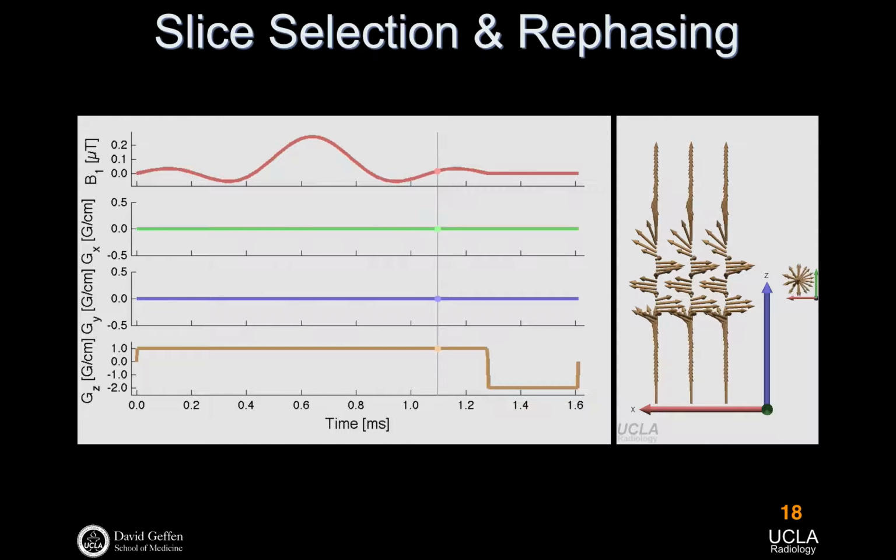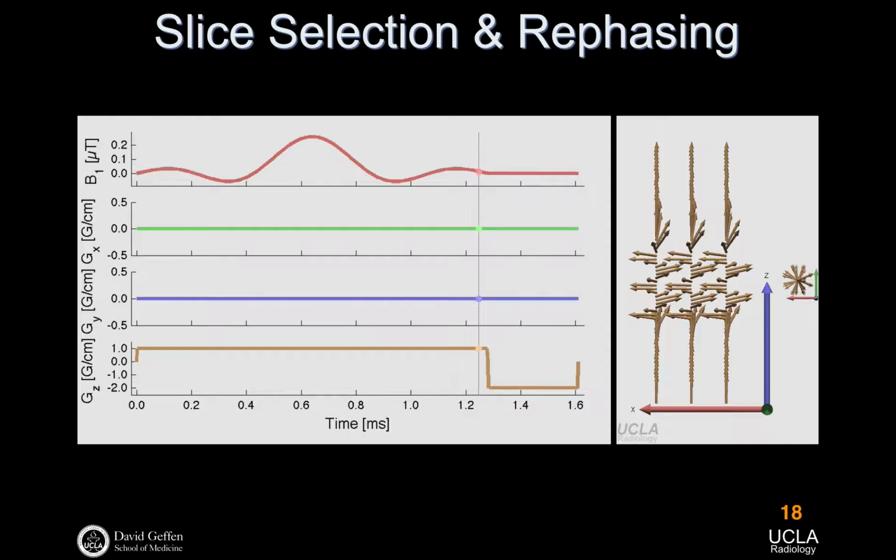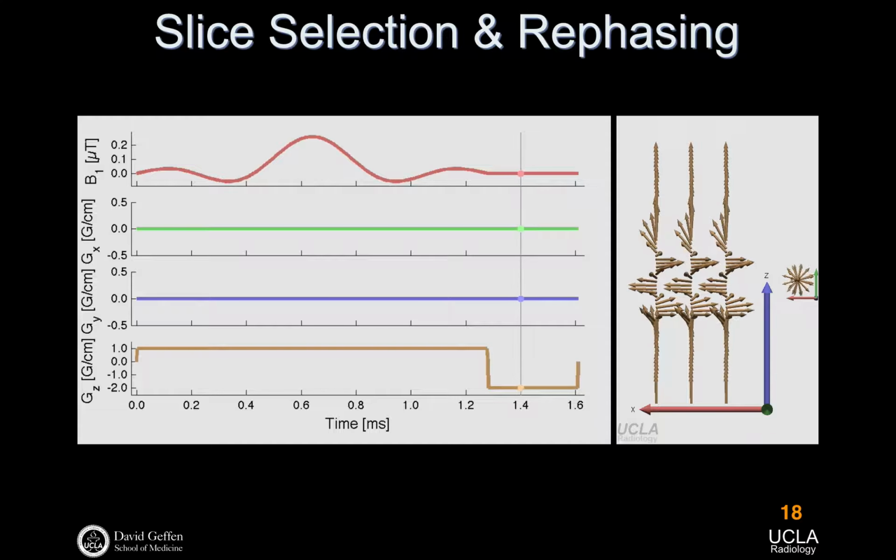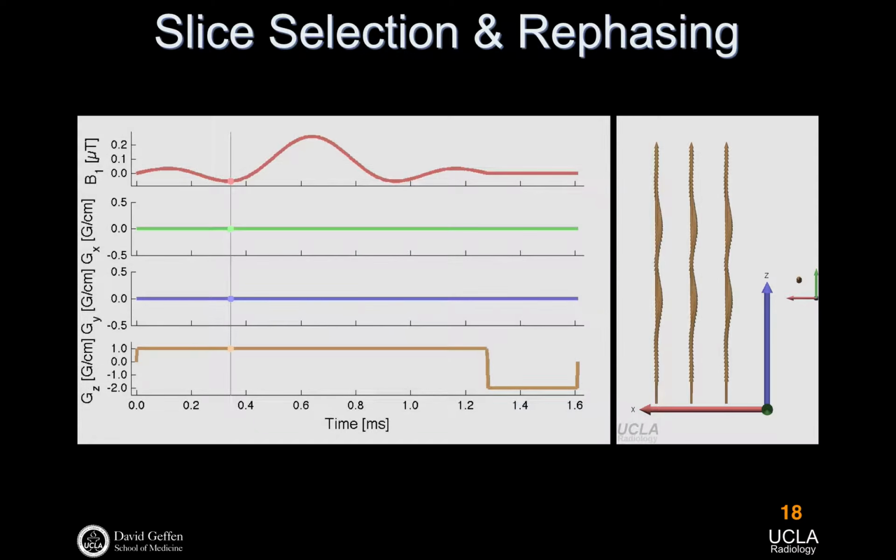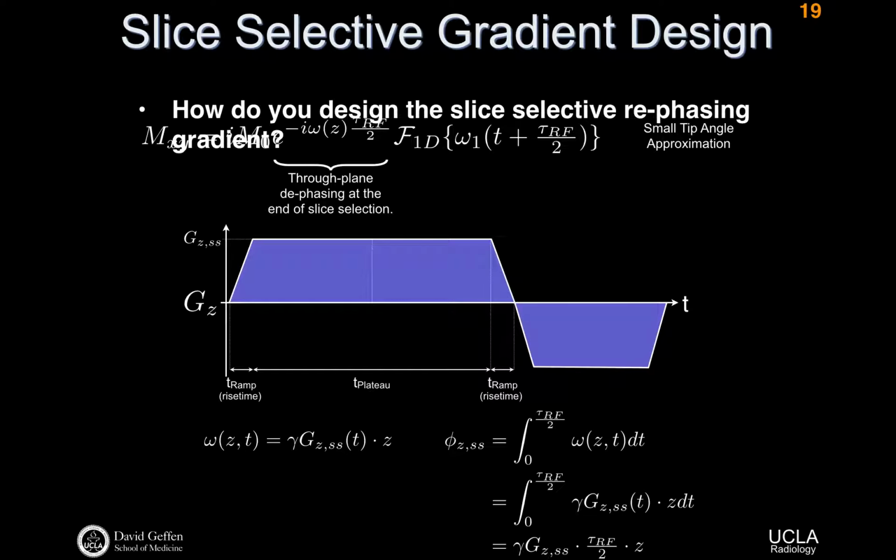And so it's really the second half of that gradient that's contributing to the phase dispersion in the through slice direction. And so that gives us some insight as to what amplitude we need for this rephasing gradient here. We saw it mathematically through the small tip angle approximation. And there's a term that was the leading term here. Just fix that so you can see it at least.